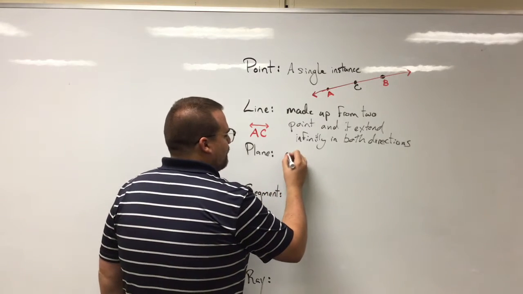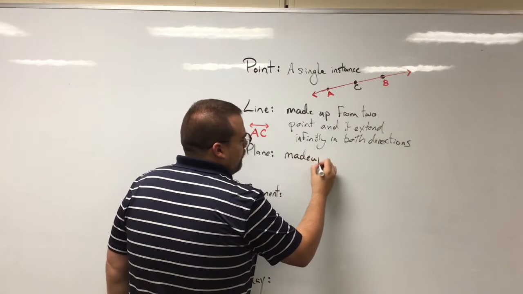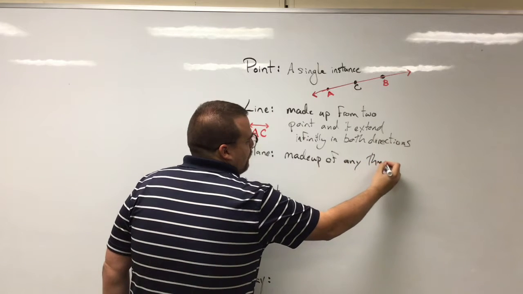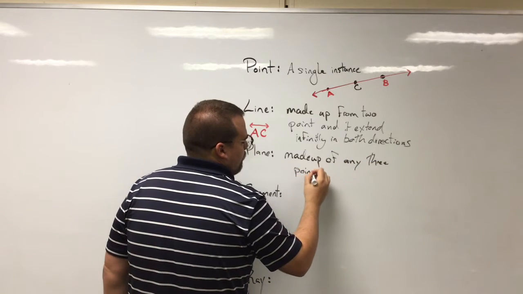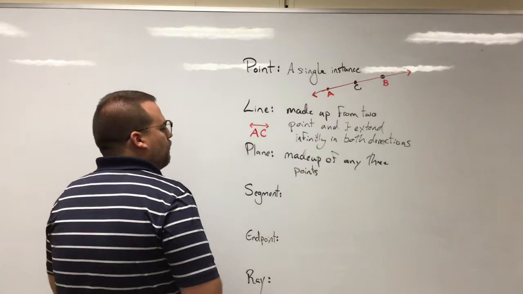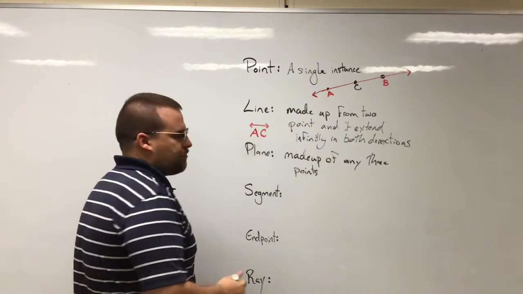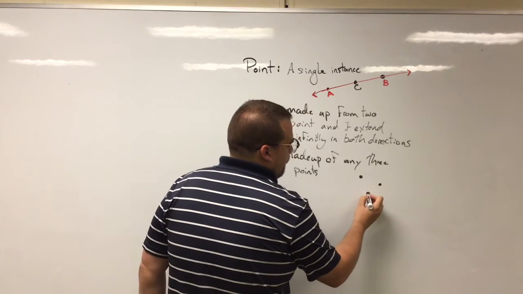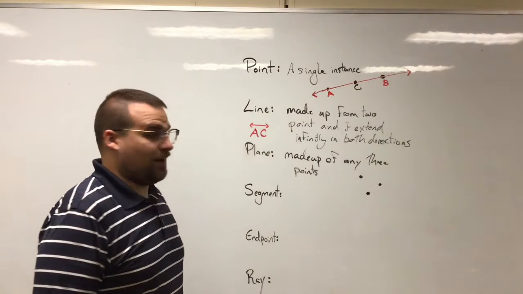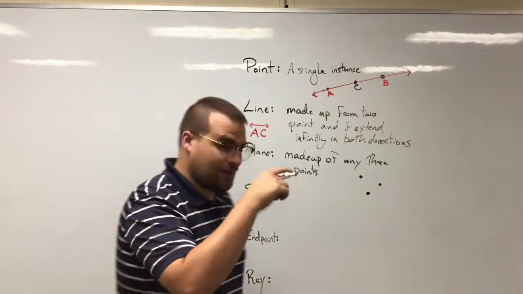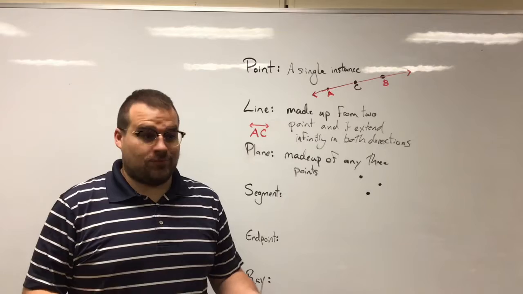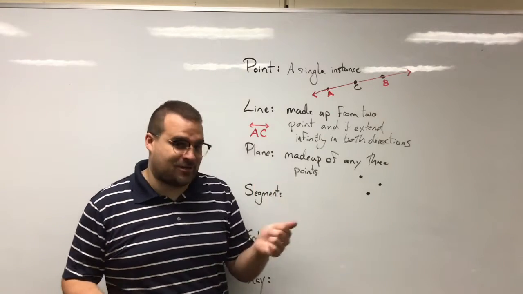But a plane is made up of any 3 points. So let's just put 3 points over here. This one, and this one. Now I know you're probably thinking in your head, oh, I'm going to connect those and make a triangle, right? You could, but you could also make a plane.